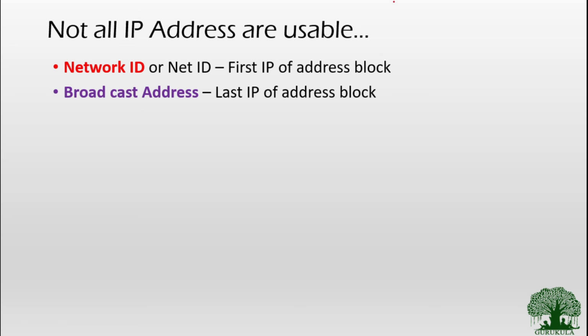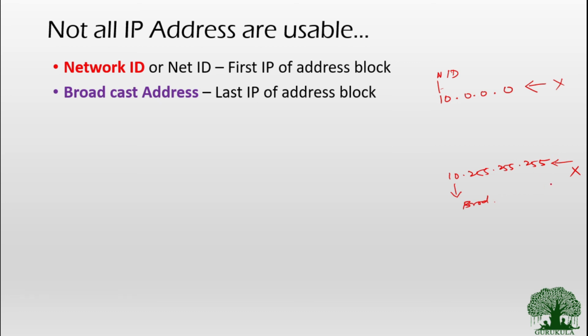Let us take for example a 10 network. 10.0.0.0, and we know that it runs to 10.255.255.255. This very first IP address cannot be used for assigning to any host, and the last IP address also cannot be used for assigning to any host, which means the very first address represents the network ID, and the last address represents the broadcast ID. So these two addresses cannot be used.